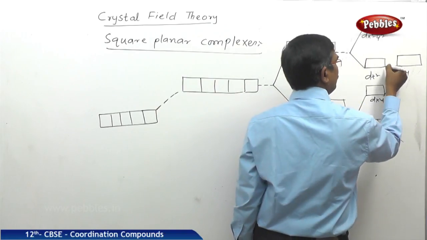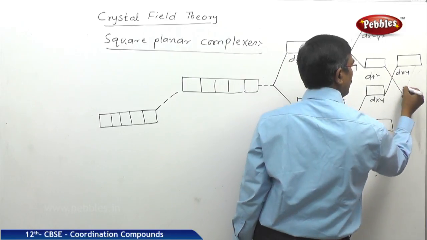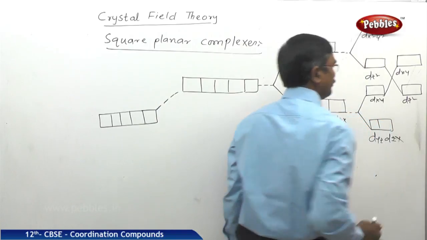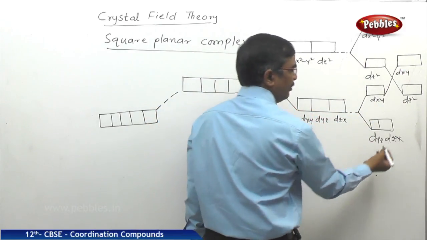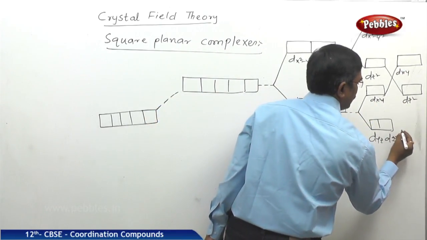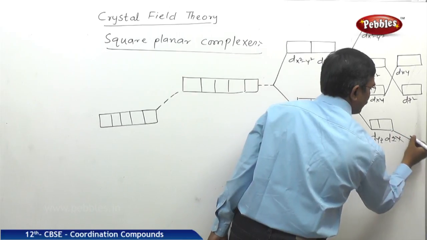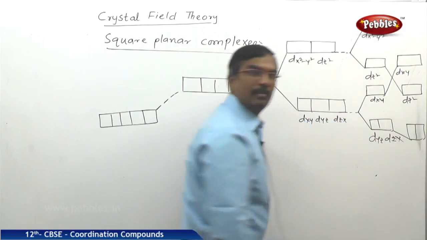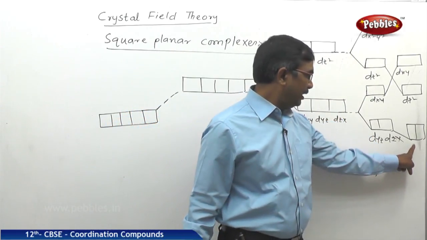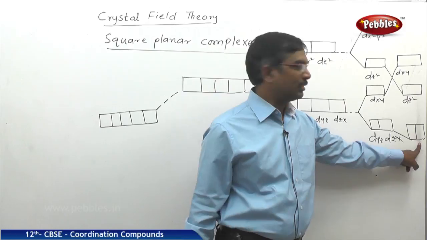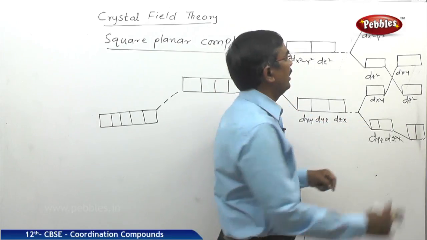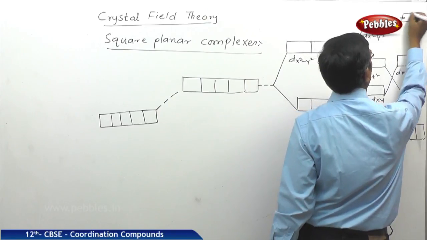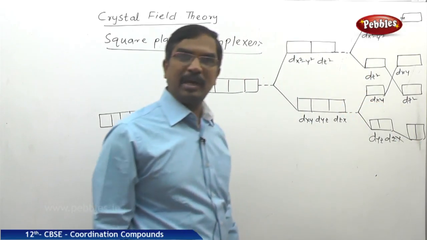So this will be dz square. This is how we can see the splitting, and further we can also see the arrangement of the orbitals like this. So this is dyz, dzx. This is dz square, and this will be dx square minus y square.